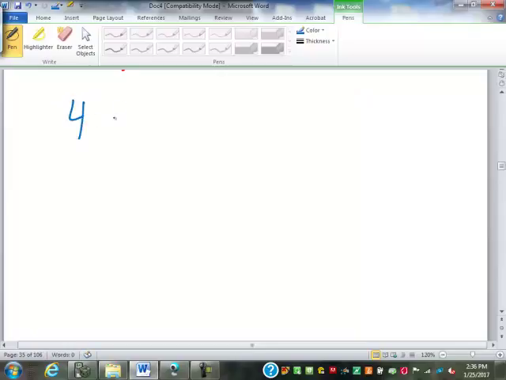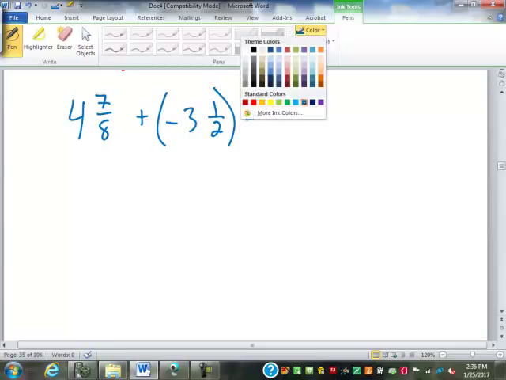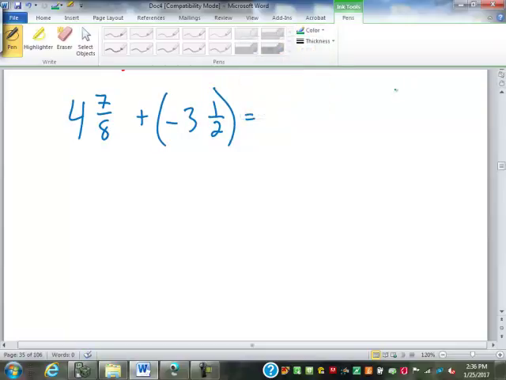Let's say we have 4 and 7/8 plus a negative 3.5. So starting at 0, 4 and 7/8 is positive, so we're going to go that direction. Negative 3.5, same direction or opposite direction?